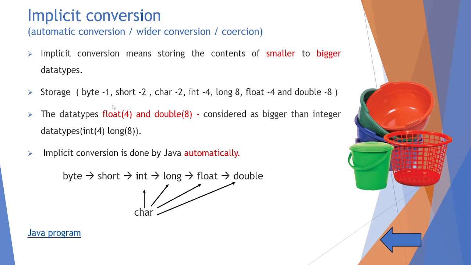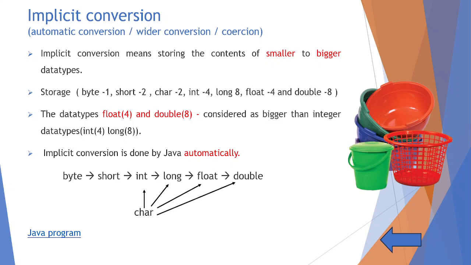Implicit conversion means storing the contents of a smaller data type variable in a bigger data type, which we know. It is based on two things: one is storage and the second one is data types. Now what is storage? Byte is 1 byte only, which can fit in short, that is 2 bytes. Character is 2 bytes, but this character cannot be converted, which we'll see.